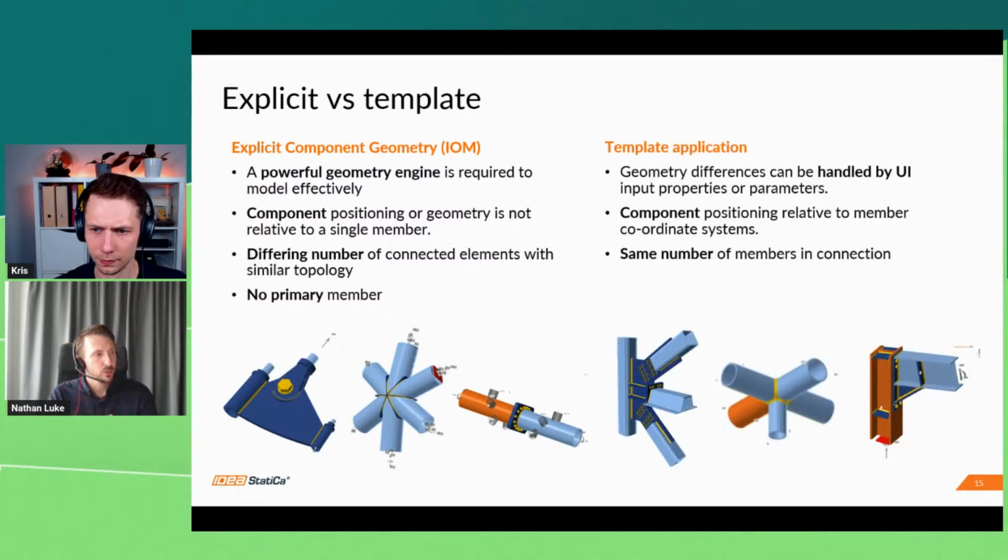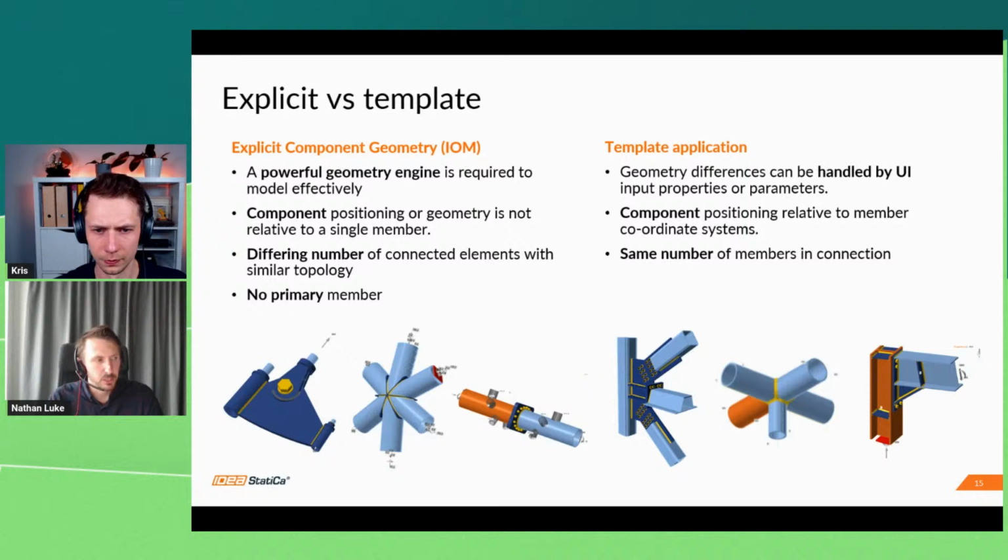And then we also have another way of automating some of the connection components, and that's using a template application. That's where you would have a predefined template in IDEA StatiCa, and then you would apply that to a naked connection, or just a member connection. And I'll show a demonstration of this as well.